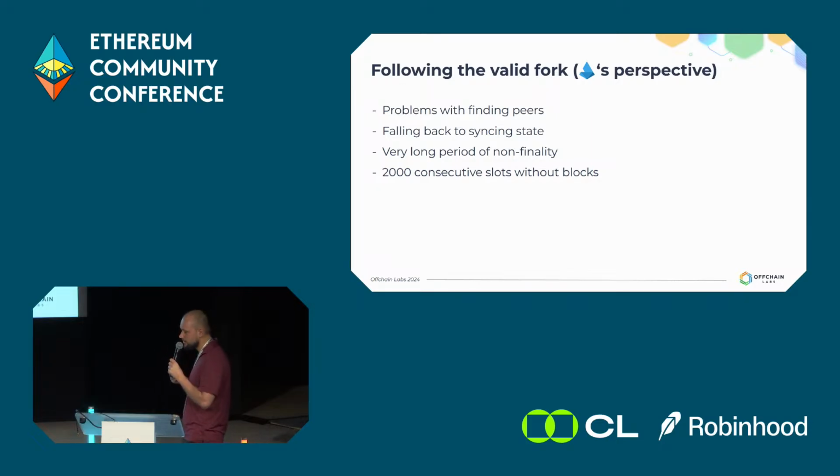Now, finally, when everyone got back on the fork where we should have been since the start, there was a problem with the very long non-finality, right? Because the last finality occurred before the fork happened, and it was already a couple of hundreds, thousands of blocks.